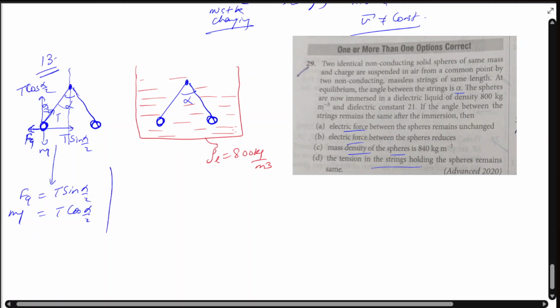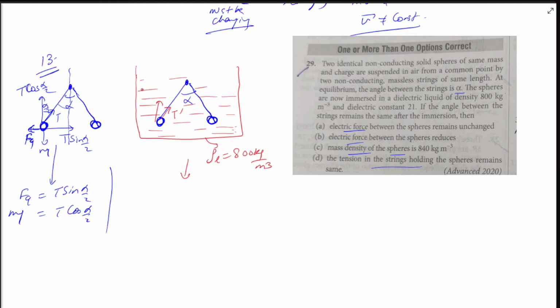Next, the final situation. Let's suppose this is T dash. So it will be T dash cos alpha by 2 and T dash sine alpha by 2. mg will be downward and F dash will be here. Will there be another force?